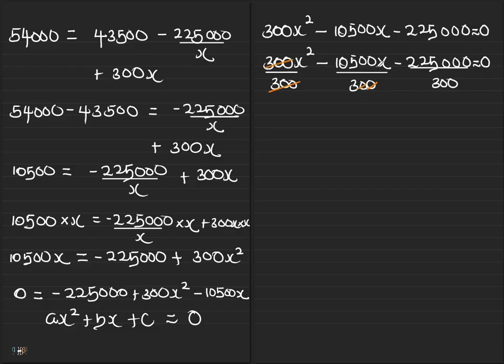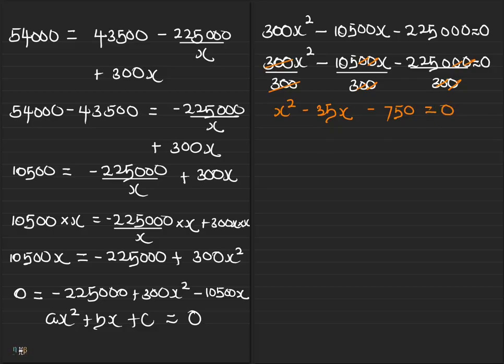These 2 zeros cancel out these 2 zeros. These 2 zeros as well cancel out these 2 zeros. So we have x squared, then 3 into 105, how many times? That is 35 times. So we have 35x. And then 3 divides 2,250. How many times? That is 750 times, and it's equal to 0.